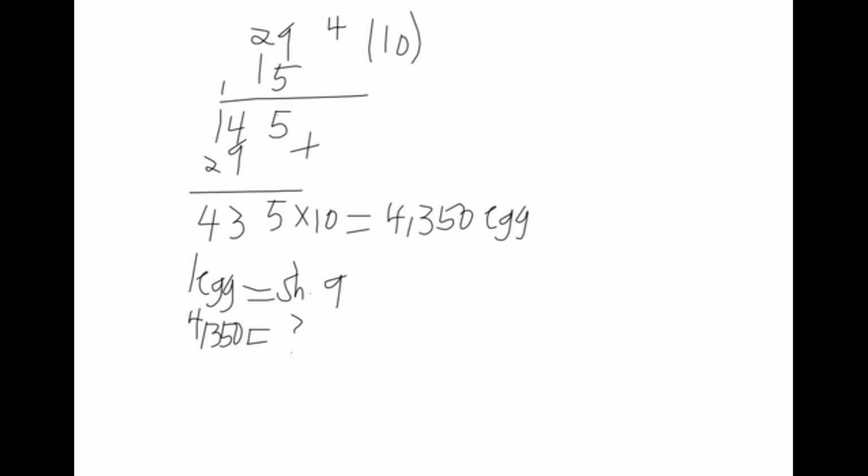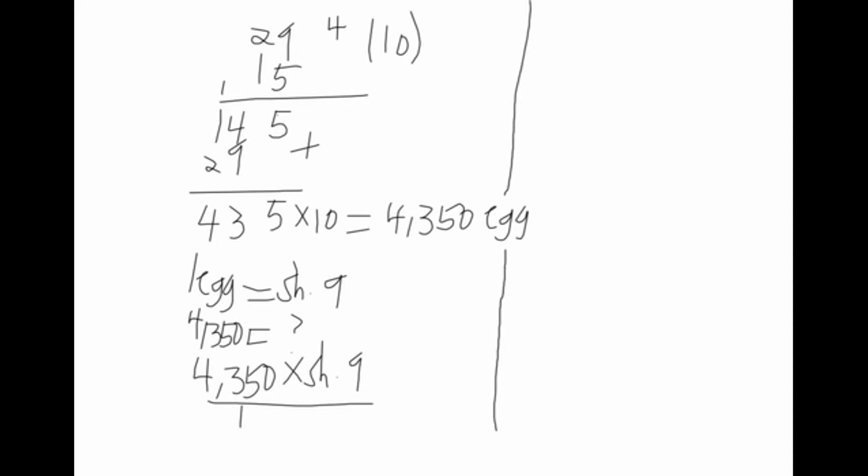So we have 4,350 eggs times 9 shillings divided by 1 egg. So we have 4,350 times 9. So we'll have 9 times 5 is 45. We carry 4. 9 times 3 is 27, plus 4 is 31.